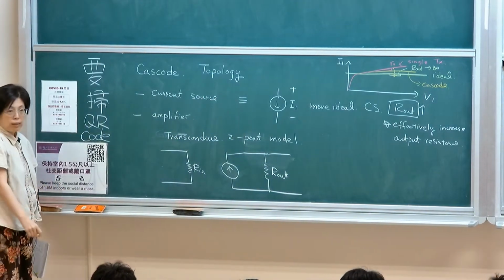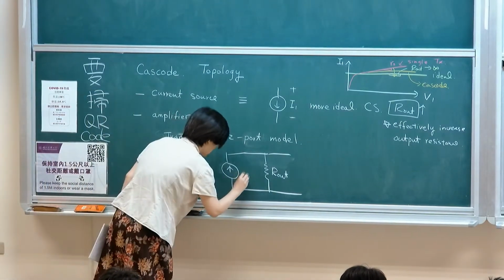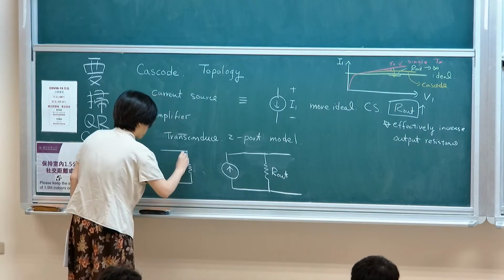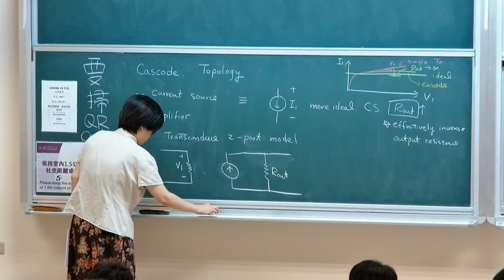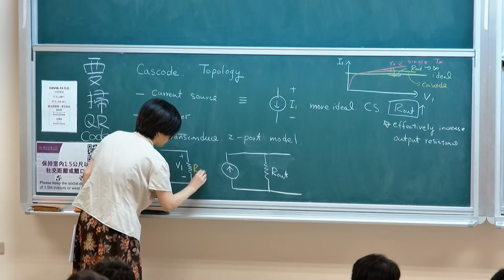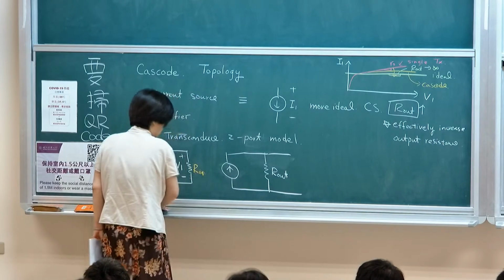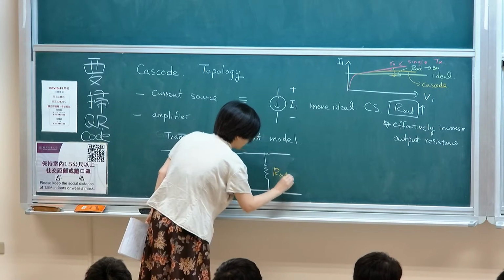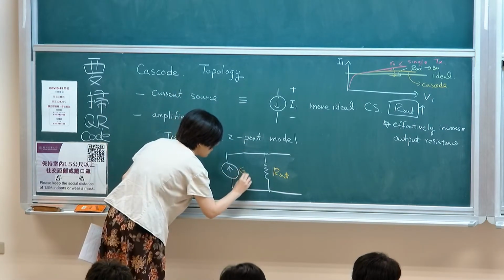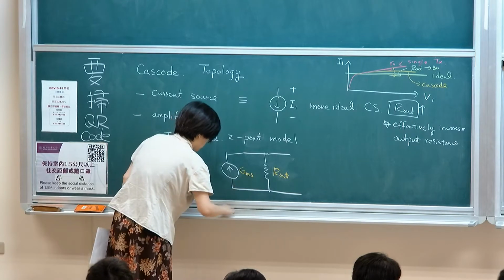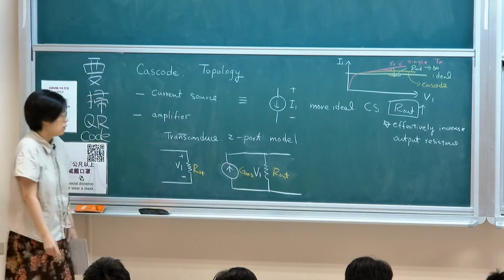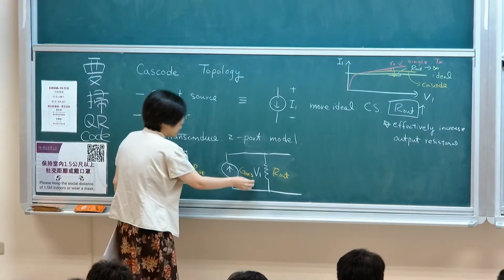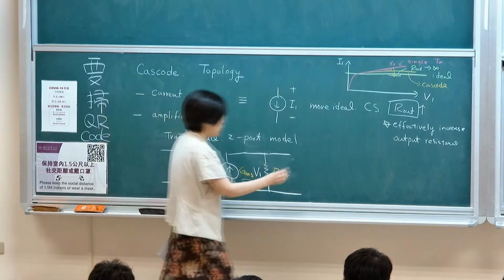So this is called a transconductance two-port model. It will include three key parameters: input resistance, output resistance, and instead of an open-circuit voltage, it will have Gms. So a transconductance two-port model consists of a transconductance instead of an open-circuit voltage.